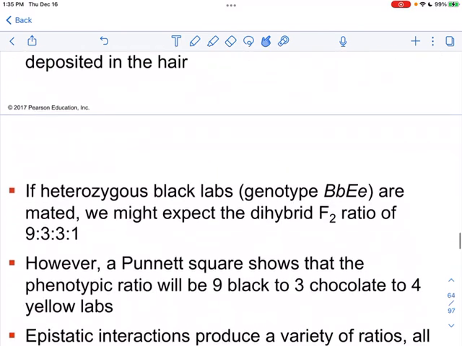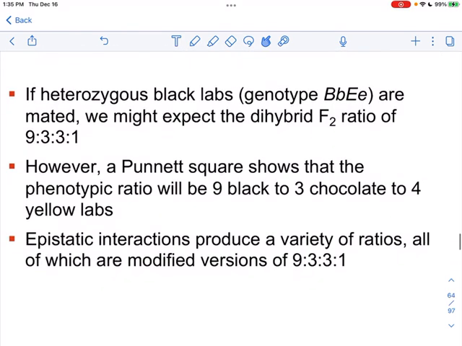So here's what happens. If you have two heterozygous black labs, which means they're big B, little b, big E, little e, when they're mated, if this was strictly following Mendelian genetics, we would expect a 9:3:3:1 ratio, where we have 9 black labs, 3 black that are heterozygous, 3 black that are not, et cetera.